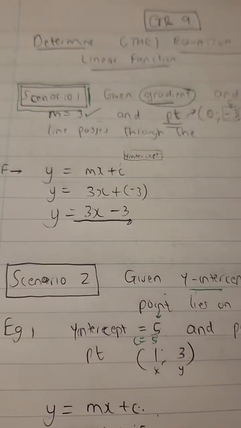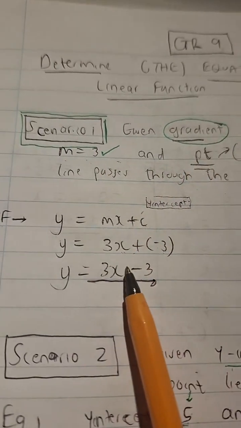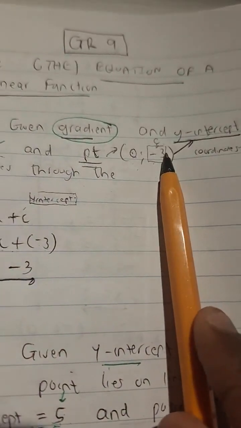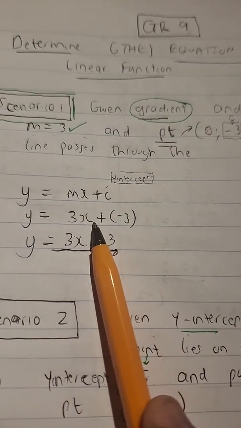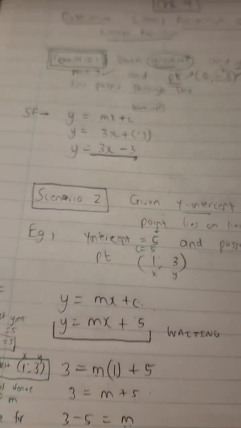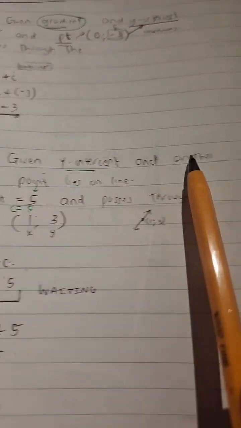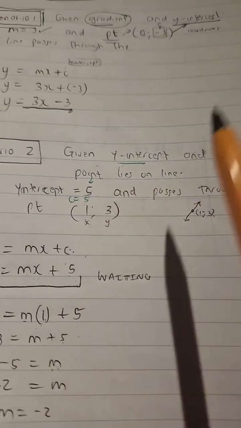Very much straightforward. So in this situation, it was very straightforward. We just substitute the gradient in place of m, we substitute the y-intercept in the place of c, and then we just sort out the sign, positive times the negative, voila, no problem. Scenario 1 was straightforward. Scenario 2, we have the y-intercept and another point that lies on the line.